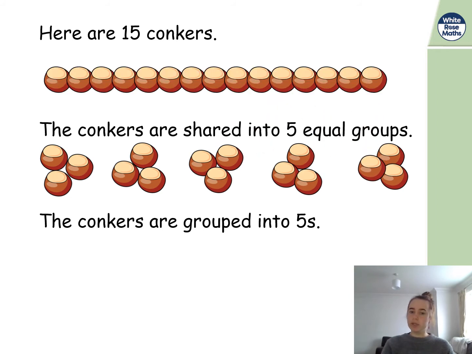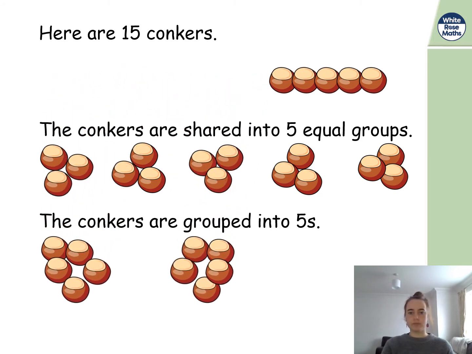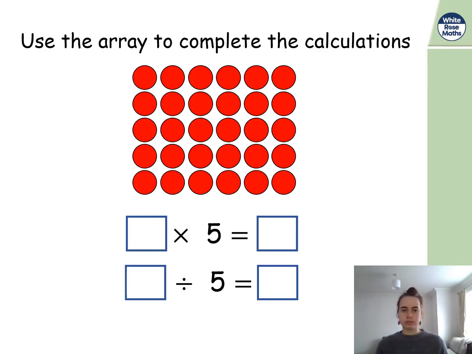And this next one is going to group them into 5s. So with that first one where we've shared them out, we need to look at what the total is in the group. And with the second one where we've grouped them, we need to look at the amount of groups. So what is the answer? 15 divided by 5 equals 3. So that first one shows us sharing, the second one shows us grouping.